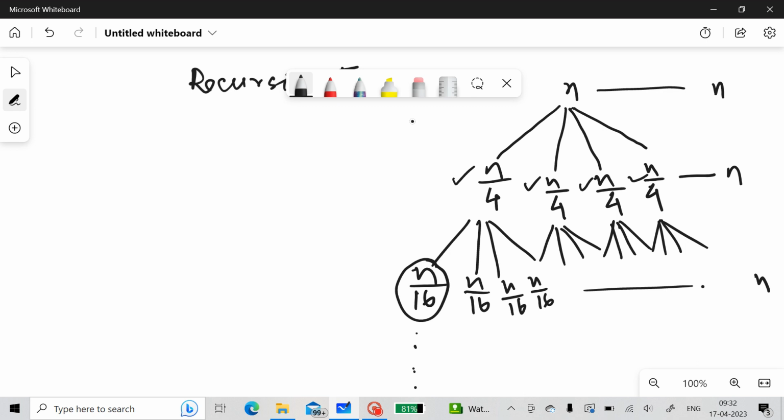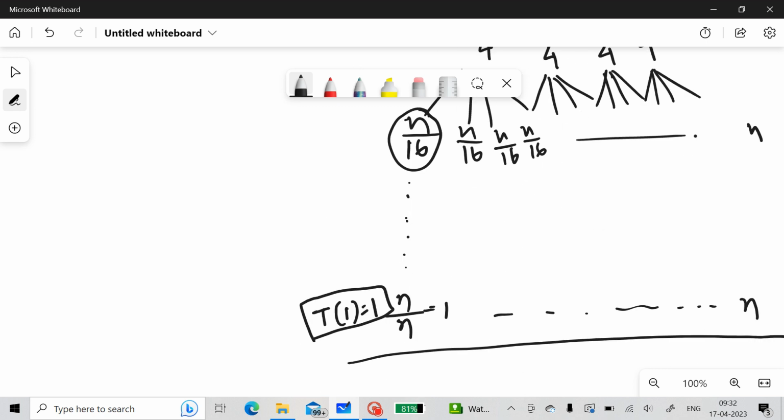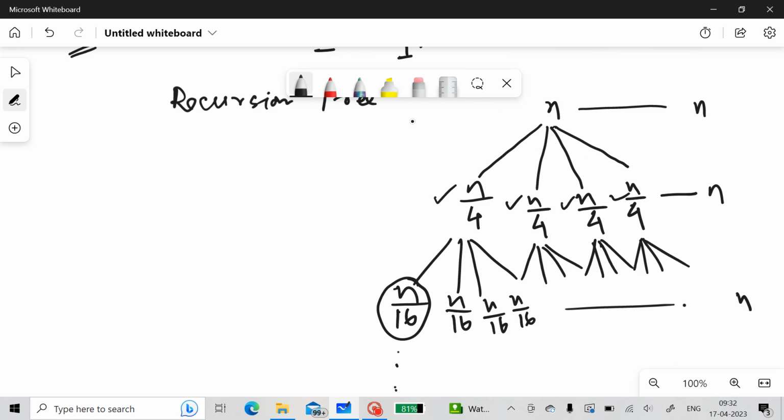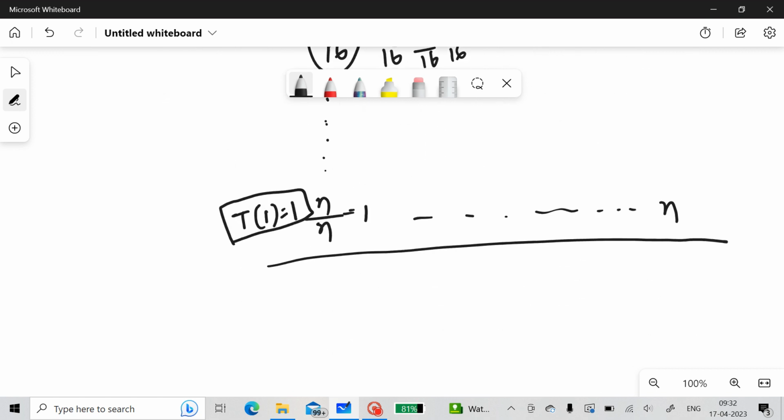You keep splitting the input until you get n over n. That's why the height of this tree will be log n base 4, and at each level you are taking n time.